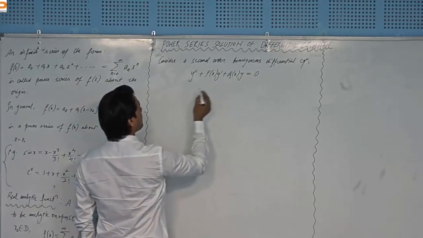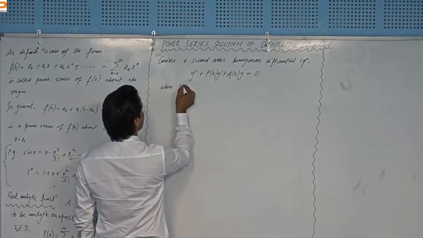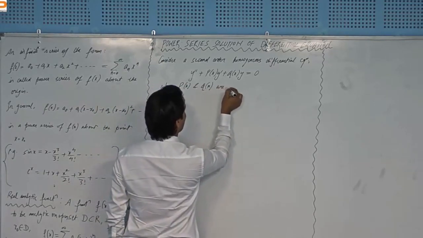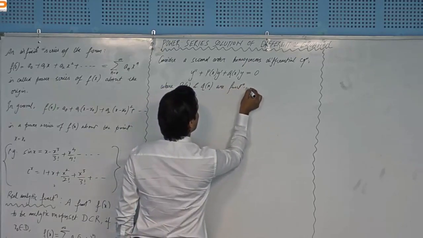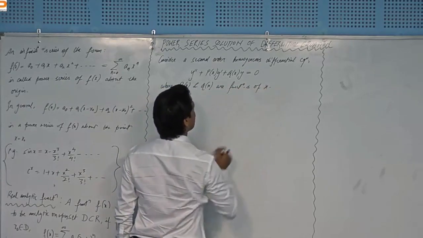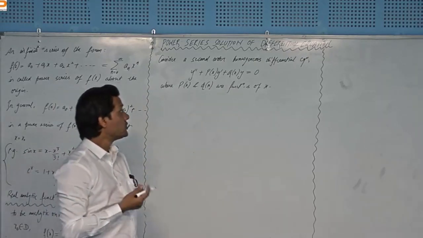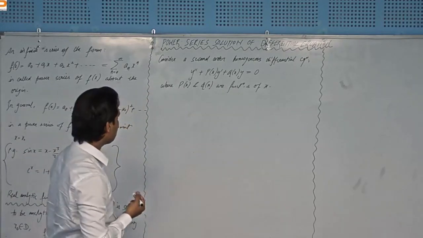Where px and qx are functions of x, and the right hand side is 0. That's why we are calling it a homogeneous differential equation.